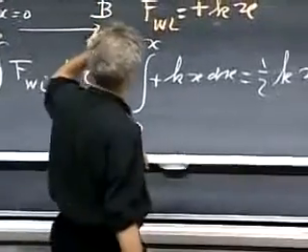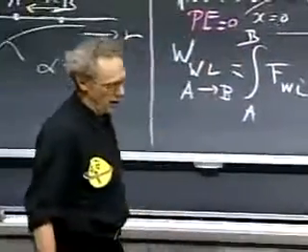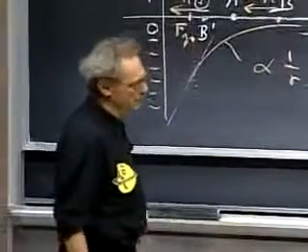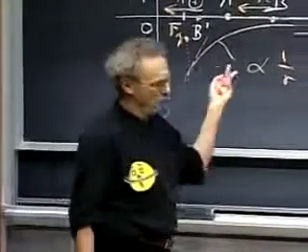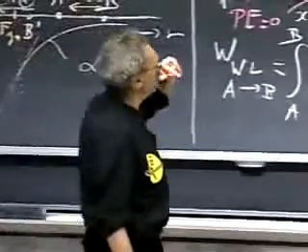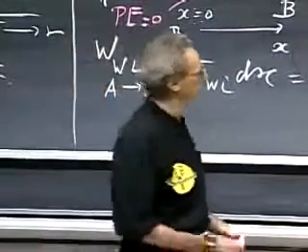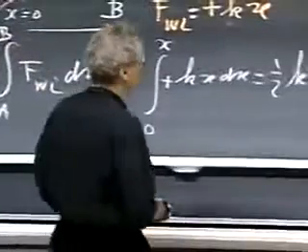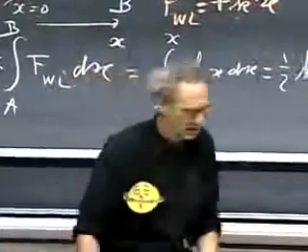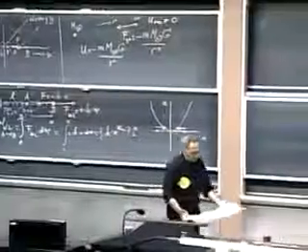If we know the force, in this case the spring force, or in those cases the gravitational force, we were able to calculate the potential energy. Now the question is, can we also go back? Suppose we knew the potential energy, can we then find the force again? And the answer is yes, we can. Let's take the situation of the spring first.